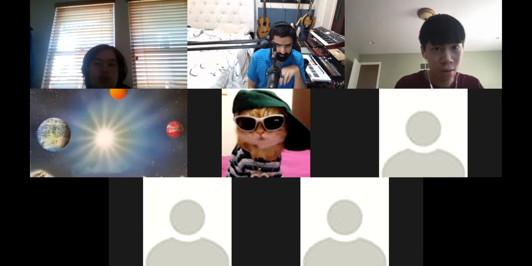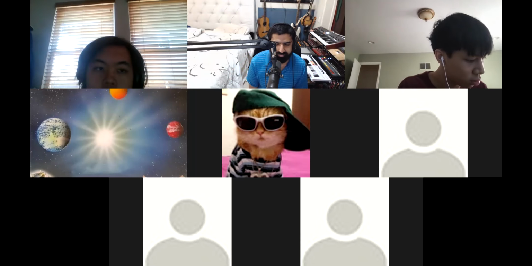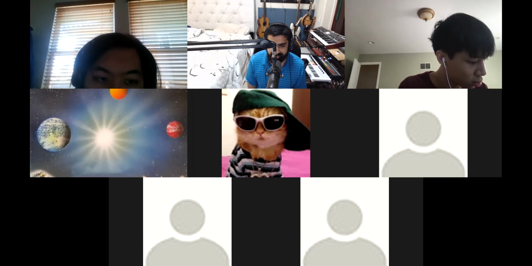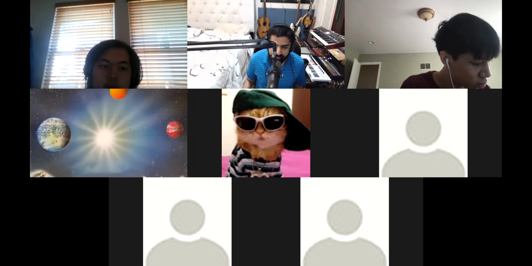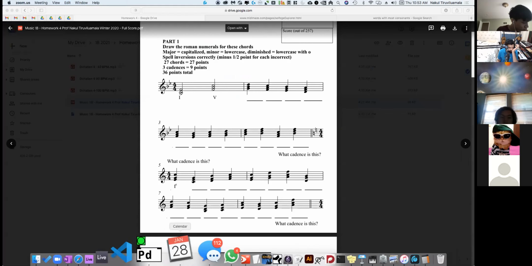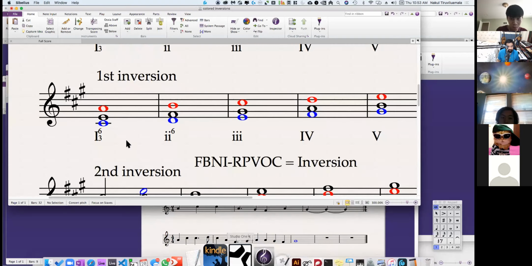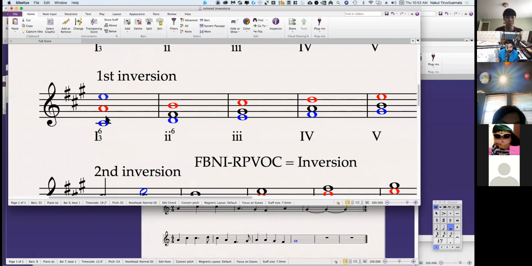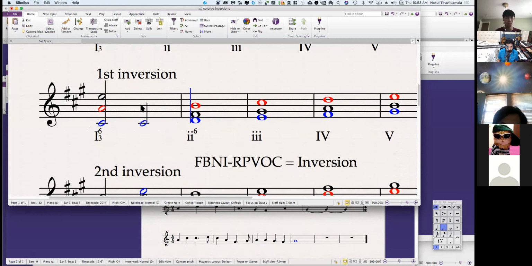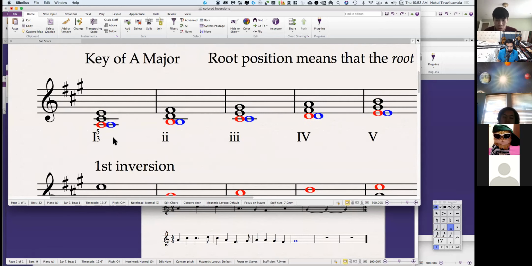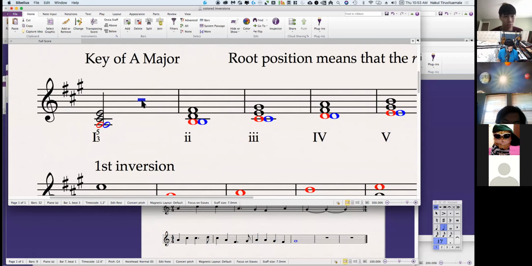For open position, do all the notes have to be away from each other, or can there be notes that are touching? I'm kind of confused on that. Let me back up for a sec and pull up the chord. The way I like thinking about open position is, let me put up root position first.